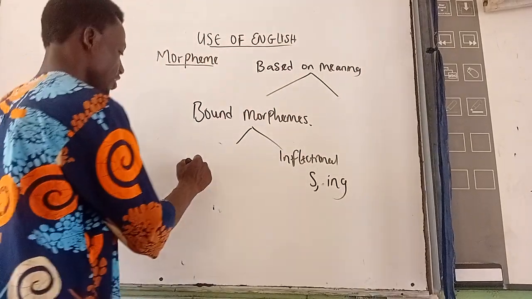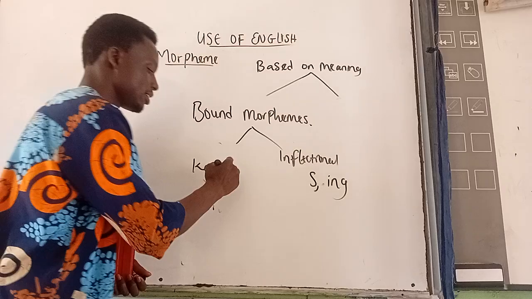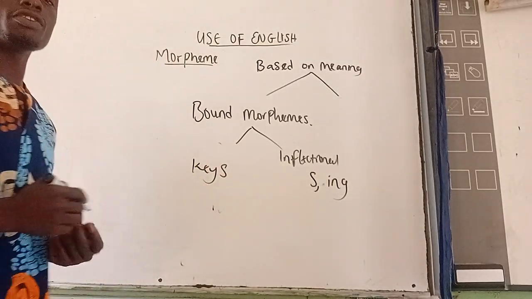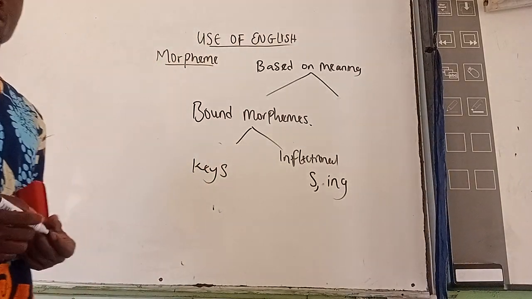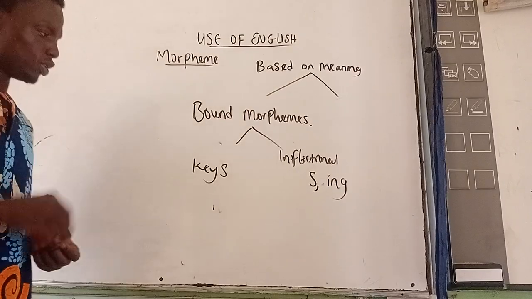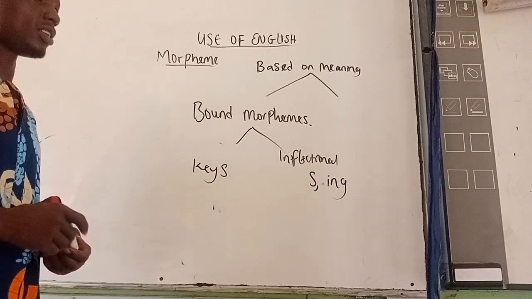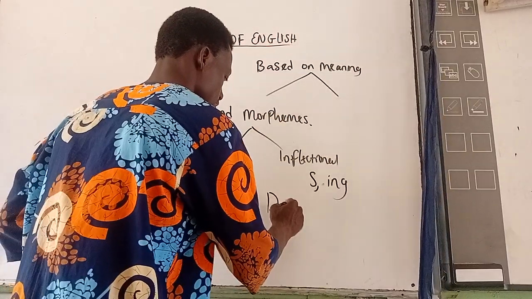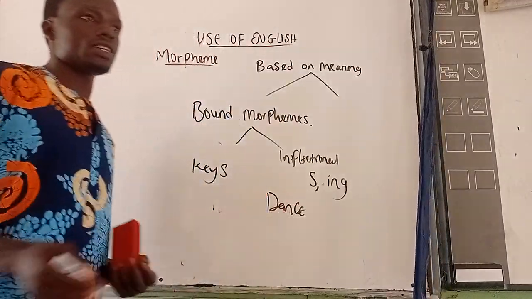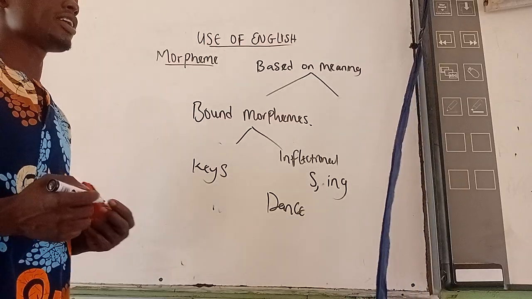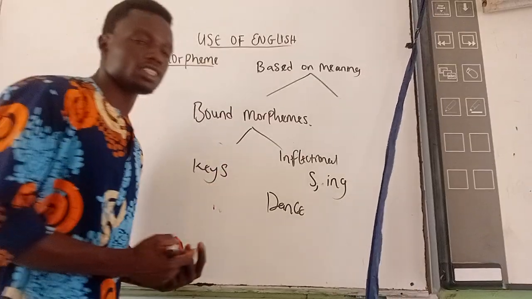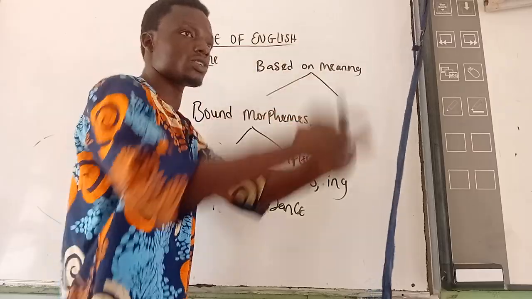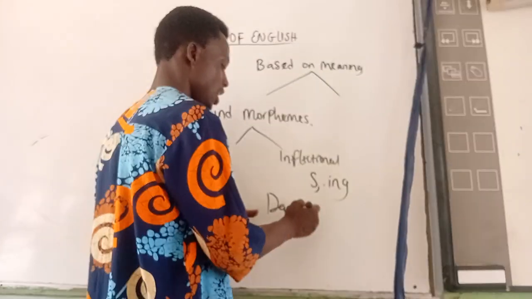So for instance, if we have key, by adding s, this changes from singular to plural. Let me give us another one. Let me say dance. This is present tense. Now I can make it present continuous by changing the tense from present tense to present continuous tense by adding ing.